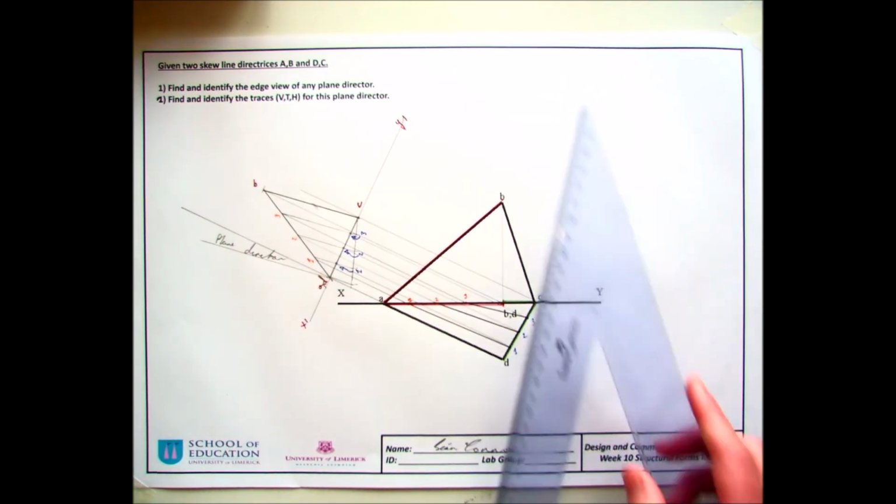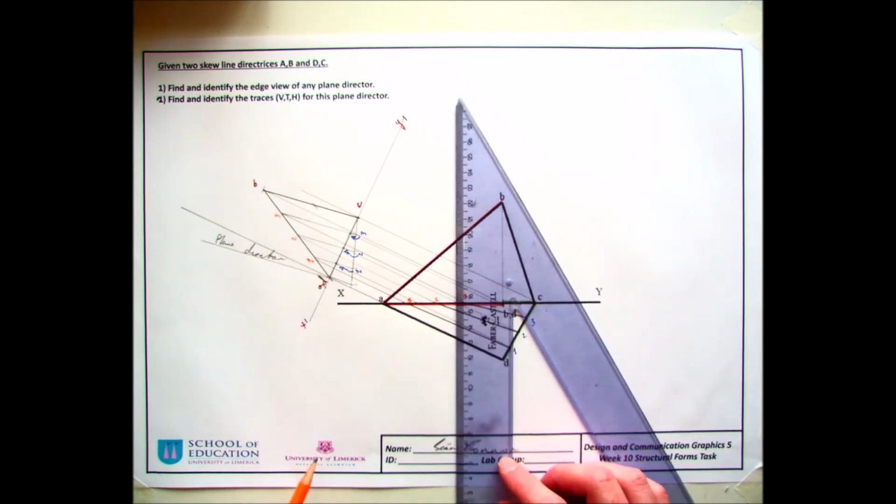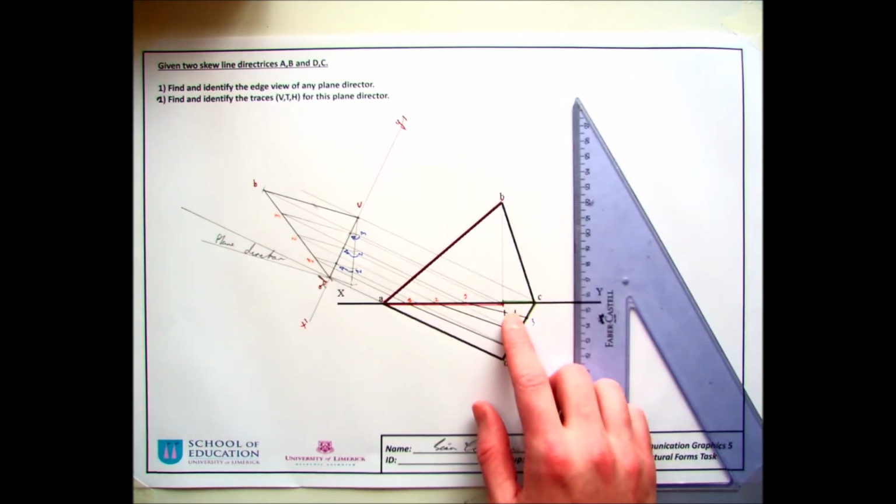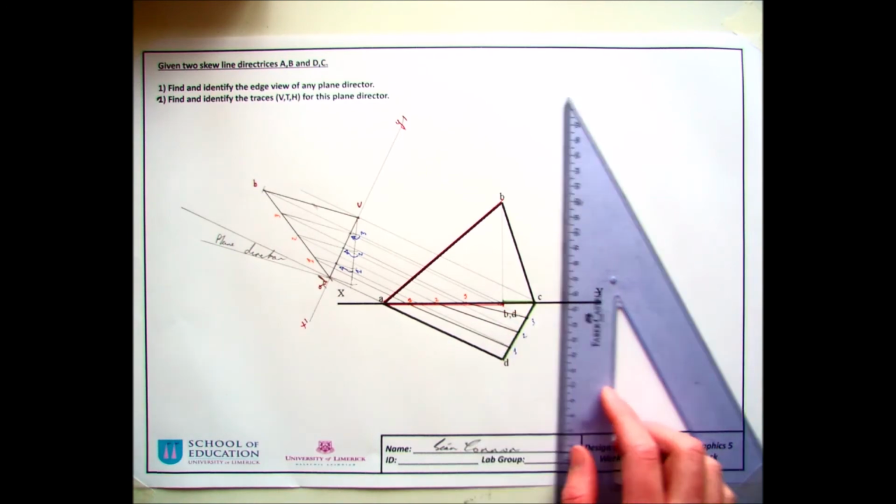Now I can also carry these up into my elevation. So if this is on the AB line, carry them up to AB.